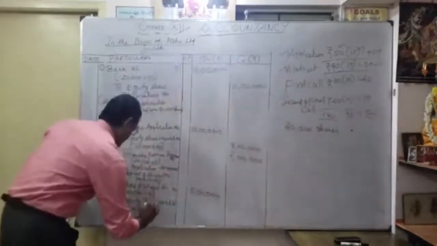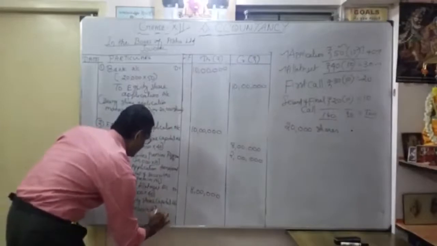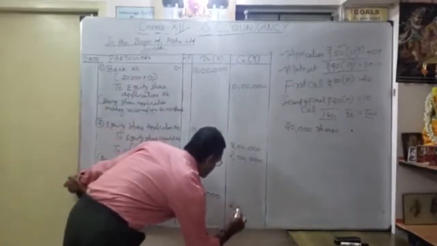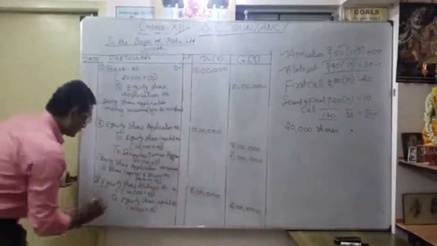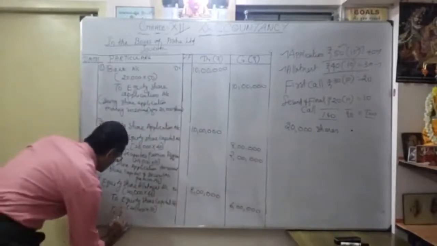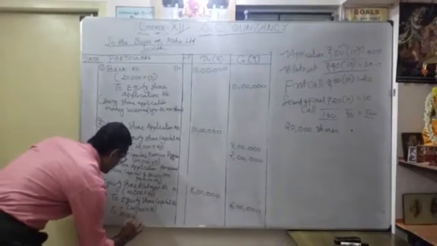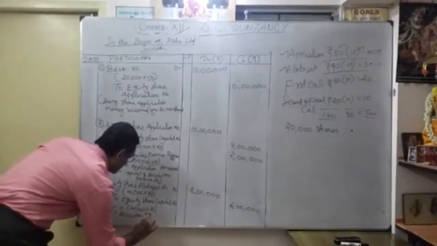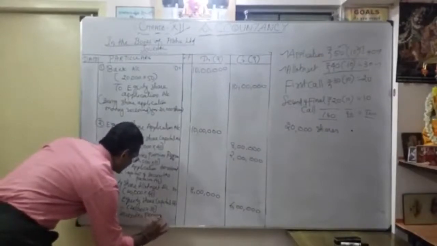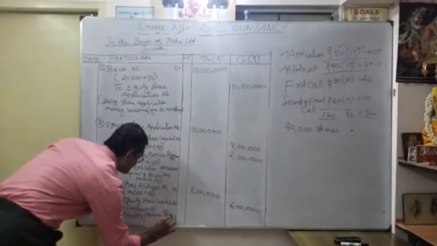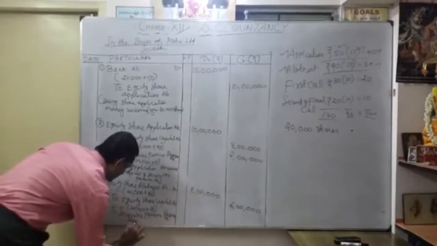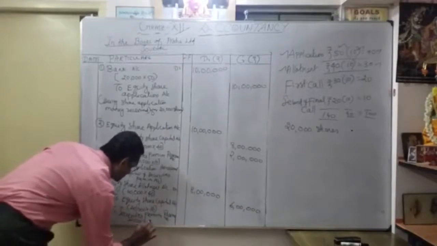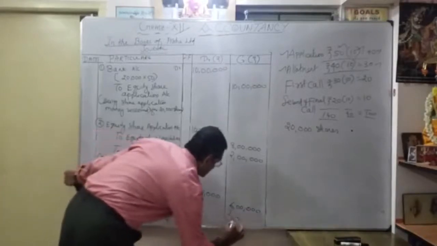So I am going to transfer 6 lakhs as equity share capital account. Balance again to securities premium reserve account within the bracket, 20,000 into 10. So 2 lakhs.